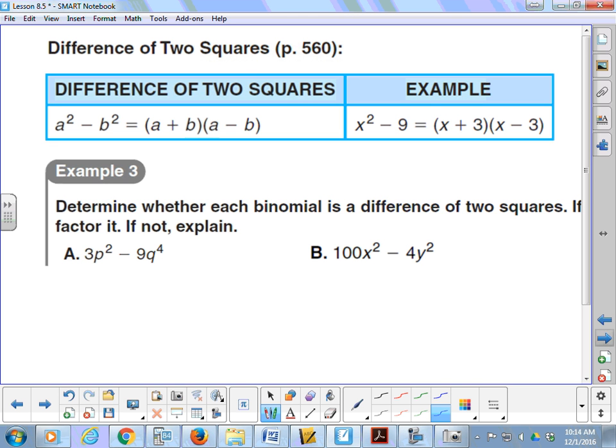So it says difference of two squares because there's a subtraction going on. If I have a square minus another square, when I factor them, I get the first one plus the second one times the first one minus the second one. So write this down: difference of two squares. Here's what you get when you factor them.